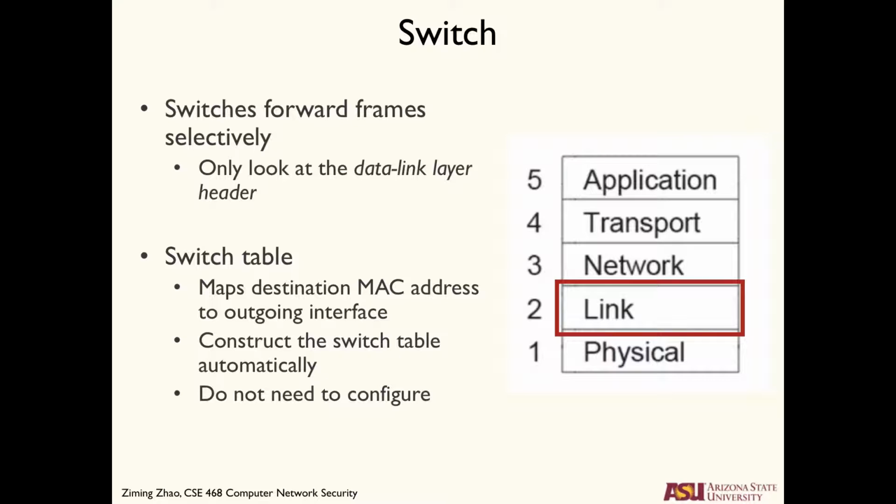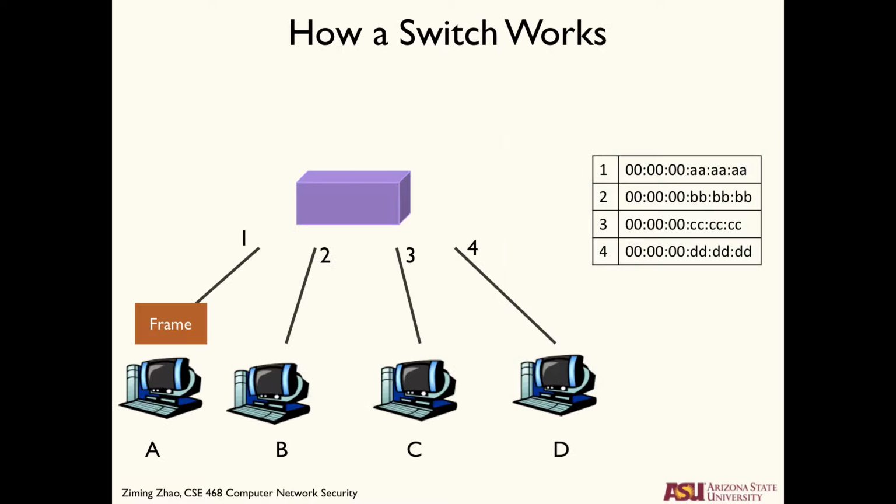This outgoing interface is labeled with a physical port on that switch. So the switch table only has the outgoing interface and the MAC address that is connected with that interface. This is our traditional definition of a switch.